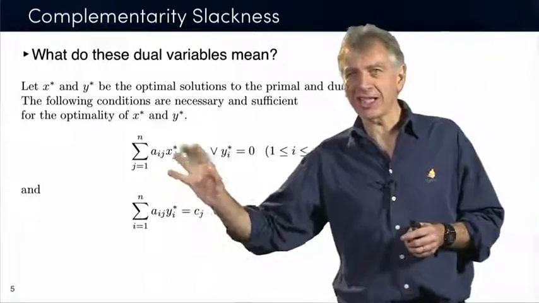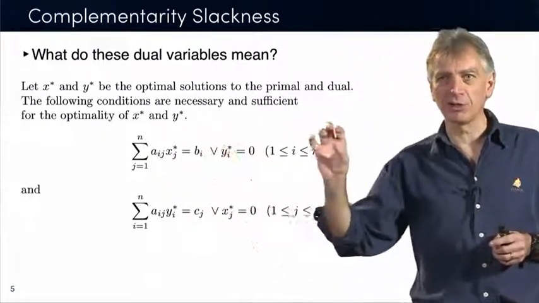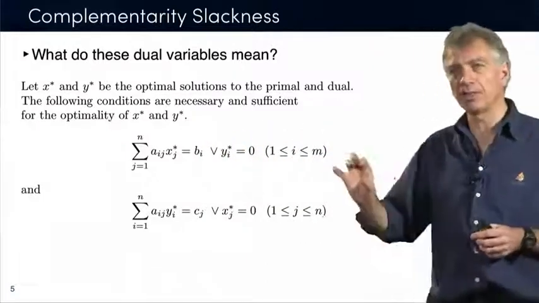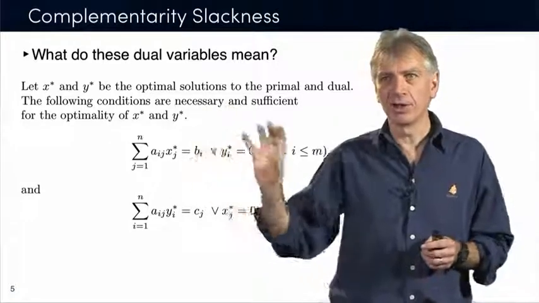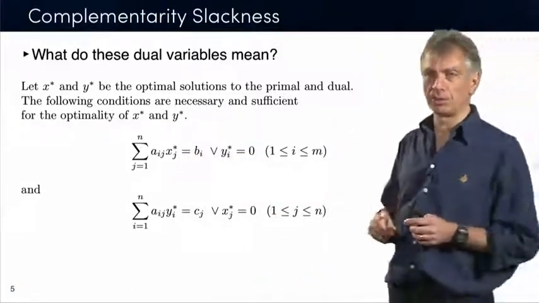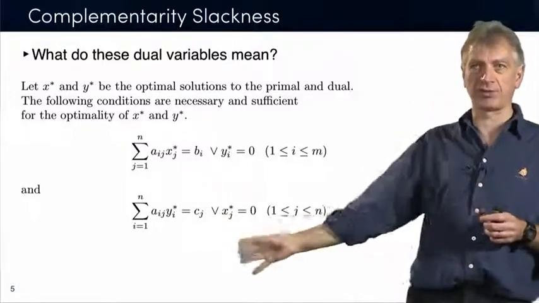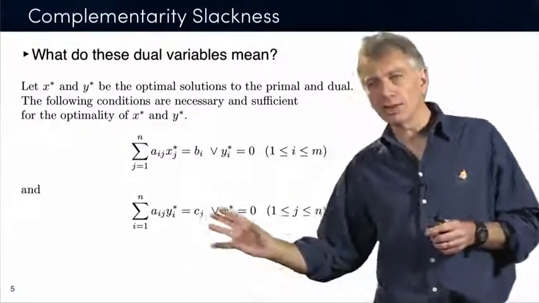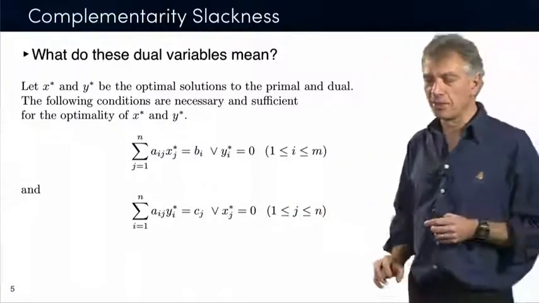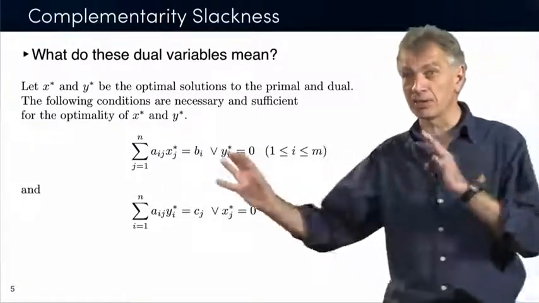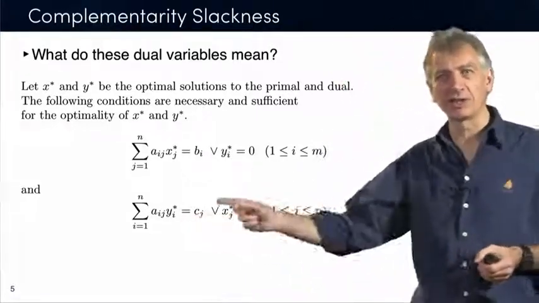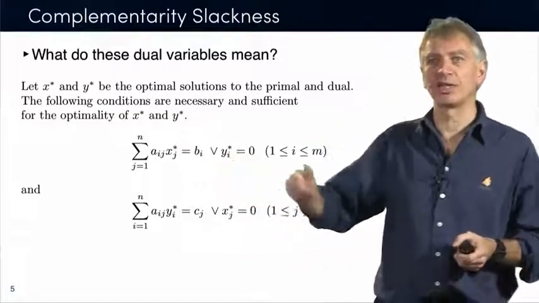So this is linking the primal optimal solution and the dual optimal solution, and basically saying either that constraint in the primal is tight, or the dual variable is 0. And this is essentially expressing the same thing from the dual, right? So either this constraint in the dual is tight, or the primal variable is 0. Very interesting relationship between these things. So you can guess which values are 0 in the other side, depending upon whether the constraints are tight.